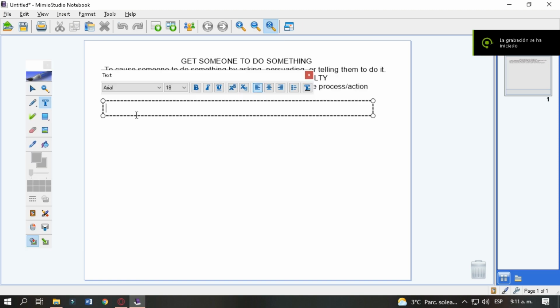So let's check the structure. We have to use get in the correct form. If it is a perfect or a past tense, we are going to use got. If it is a continuous sentence, we are going to need getting. So take that in mind. Pay attention to the information that the sentence or the context is giving you in order to choose the correct form of get.